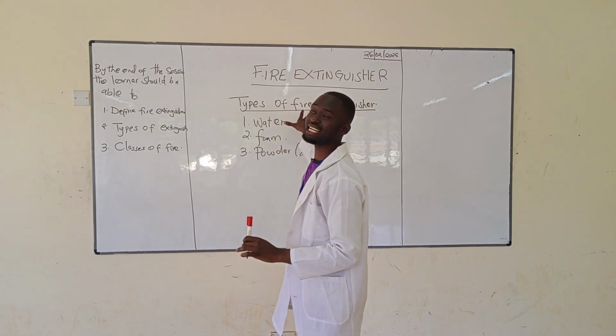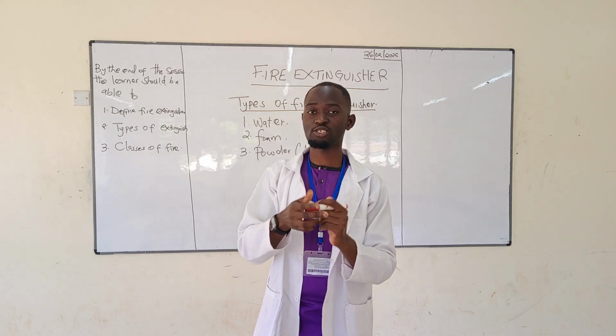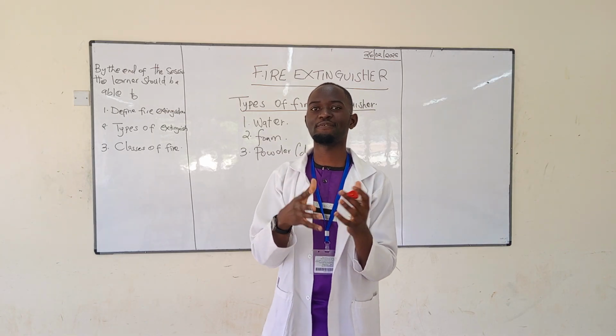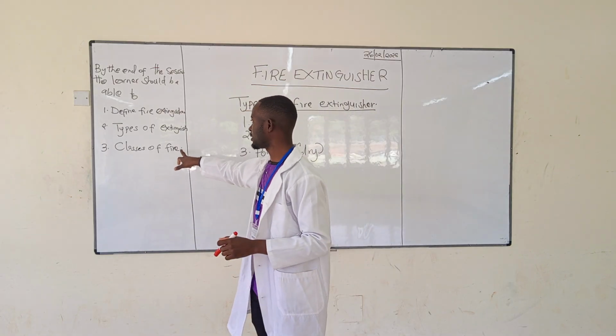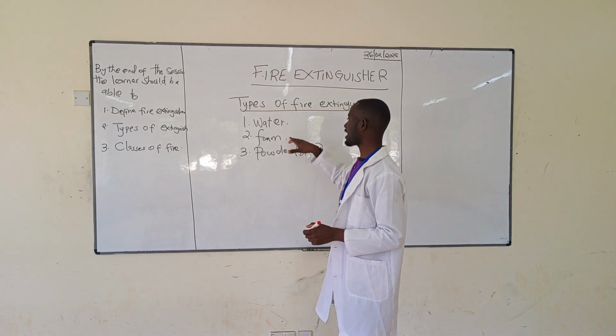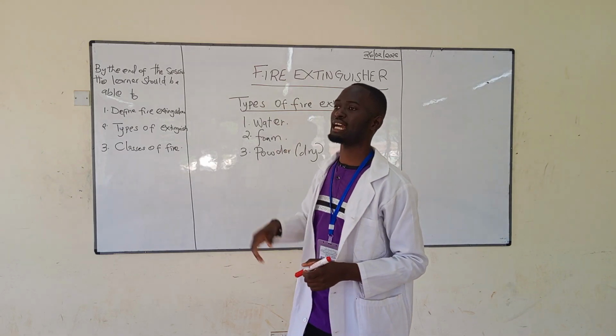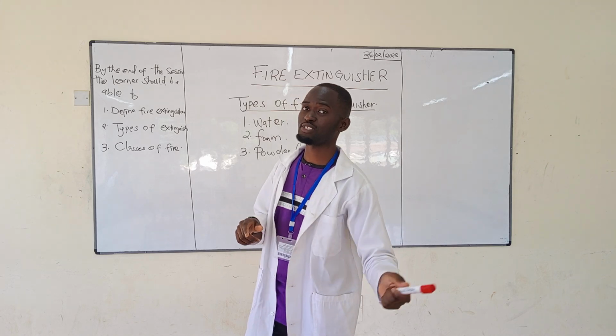When we look at the types of extinguishers, we have different sources where fire comes from, and that is where we go to the classes of fire. We have water, foam and powder. These types put out fire from different sources.